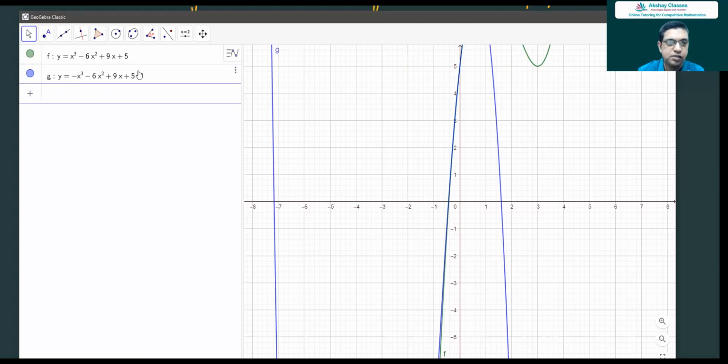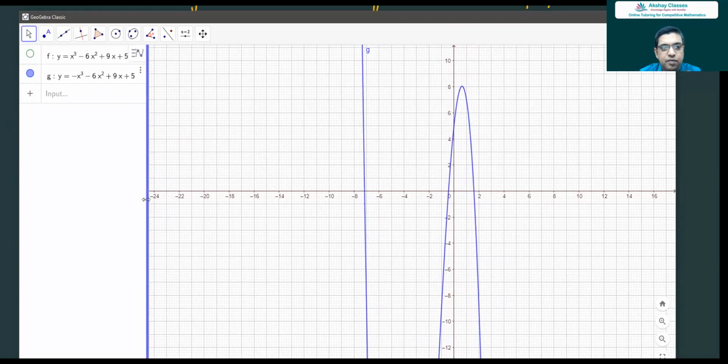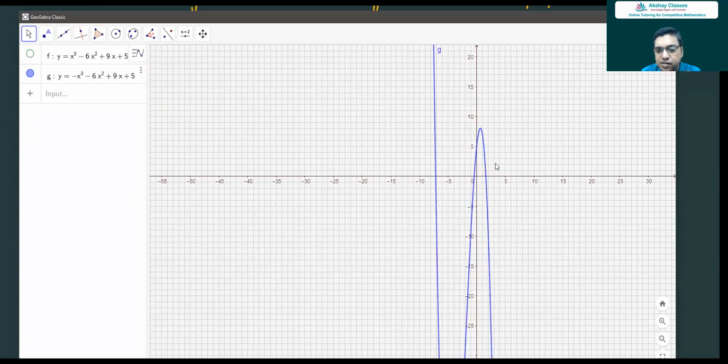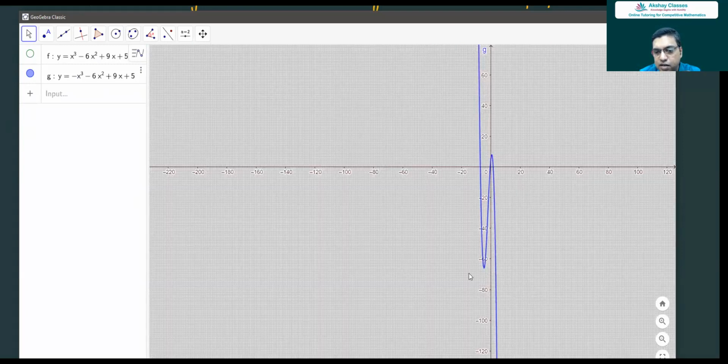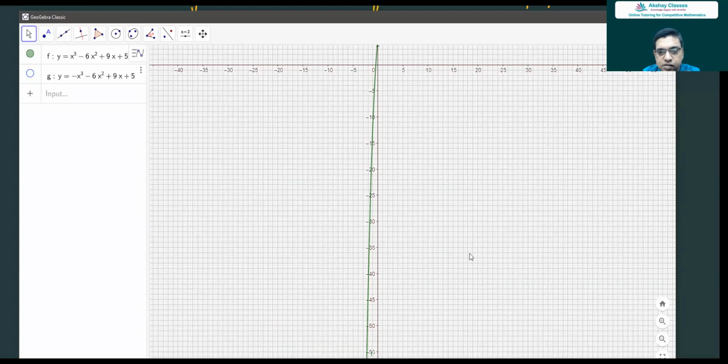Same thing with the minus sign. I'm writing this graph and this graph now. And with a minus sign, again you get two critical values, but the curve goes from positive infinity on the left side to minus infinity on the right side.